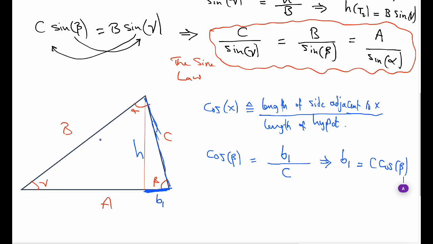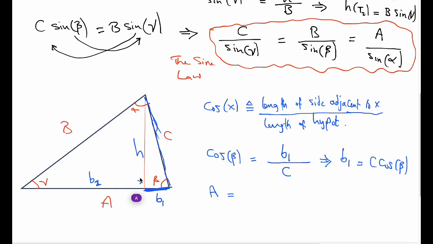We know that A, which is the base of the big triangle, can be written as, if you call this side B2, A equal to B1 plus B2.